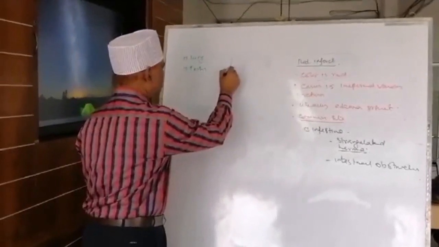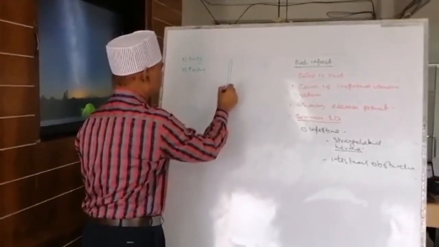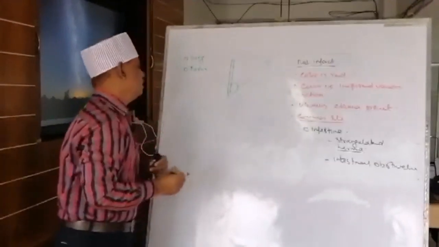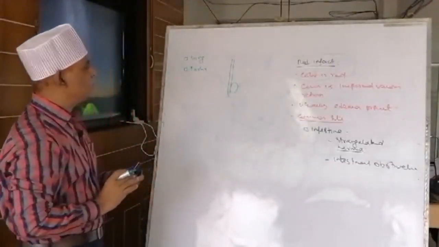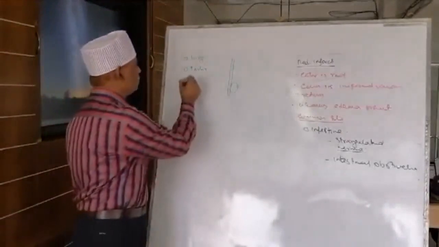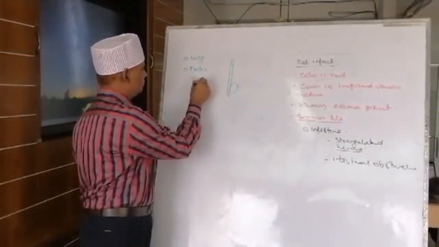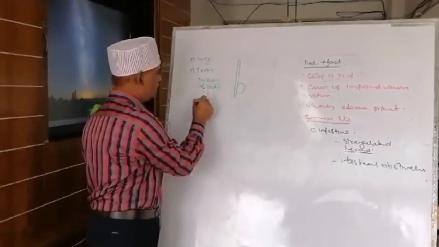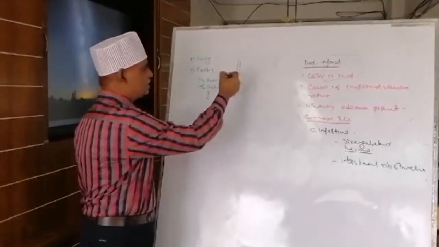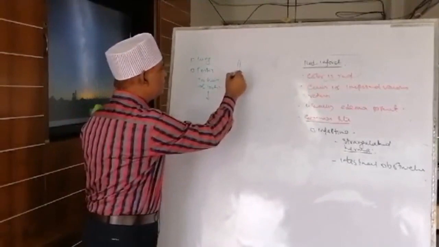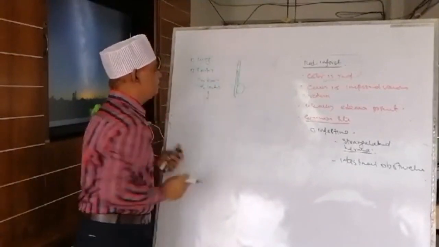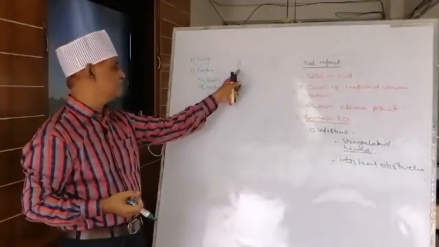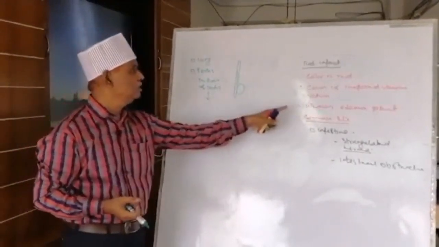Dear audience, you know, when testes undergo torsion, what will happen? The testicular vein undergo twisting. So there will be impairment of venous return and testes undergo red infarct.